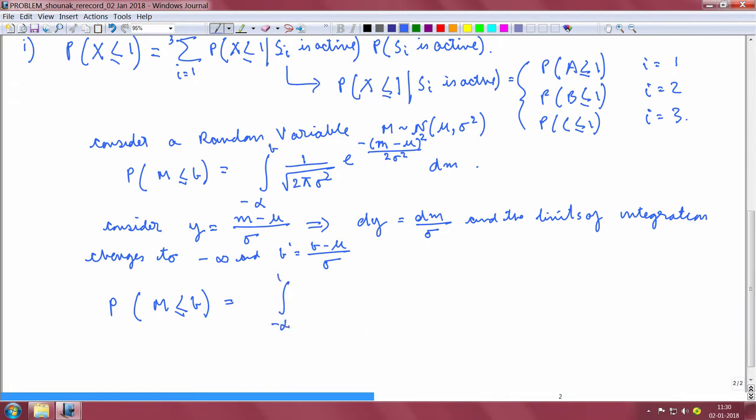That means, after doing this substitution, the probability that m is less than or equal to b is equal to the integral from minus infinity to b dash of 1 by root 2 pi times e to the power minus y squared by 2 dy.